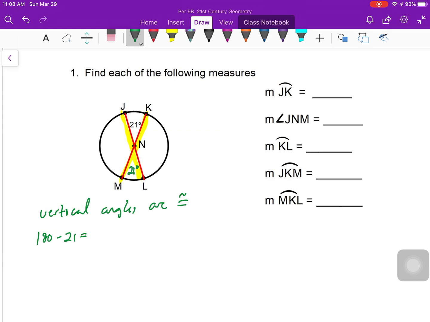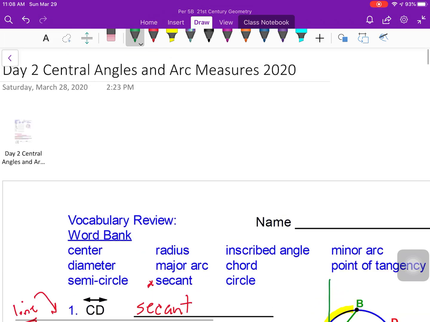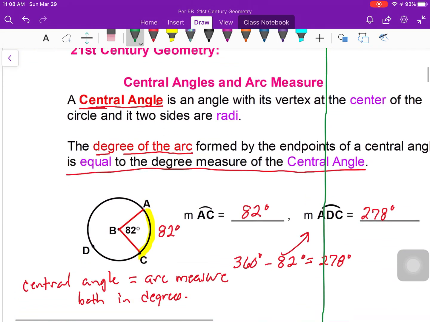I can take 180 minus 21, and I get 159 degrees. So that means that this angle right here is 159 degrees. Likewise, this one's 159 degrees. Now let's fill in some answers. The arc JK is going to be 21 degrees.